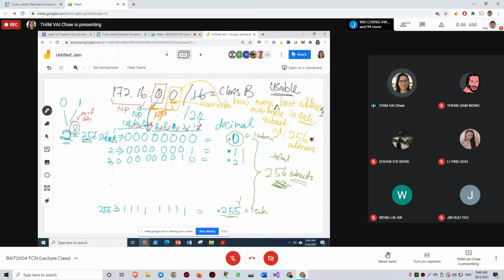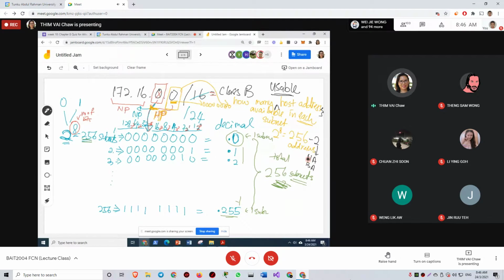So in this case, I need to minus 2. I minus 2 due to the network address and also the broadcast address. These two addresses are reserved for each of the networks.